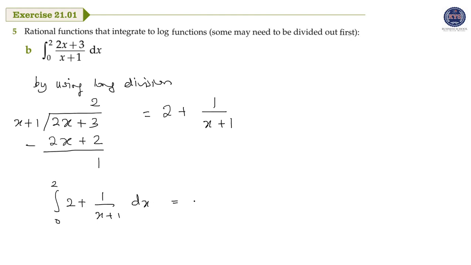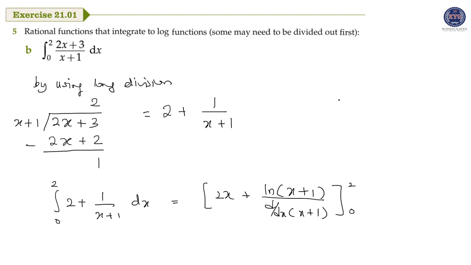Therefore you akan dapat kat sini ialah 2x and then 1 over x plus 1 is a reciprocal. Bila kata reciprocal, therefore you akan dapat ln of your function. And don't forget to divide dengan differentiate the function inside the bracket. Tapi since function kita dalam bracket is only x plus 1, which kita mesti dapat 1, right?